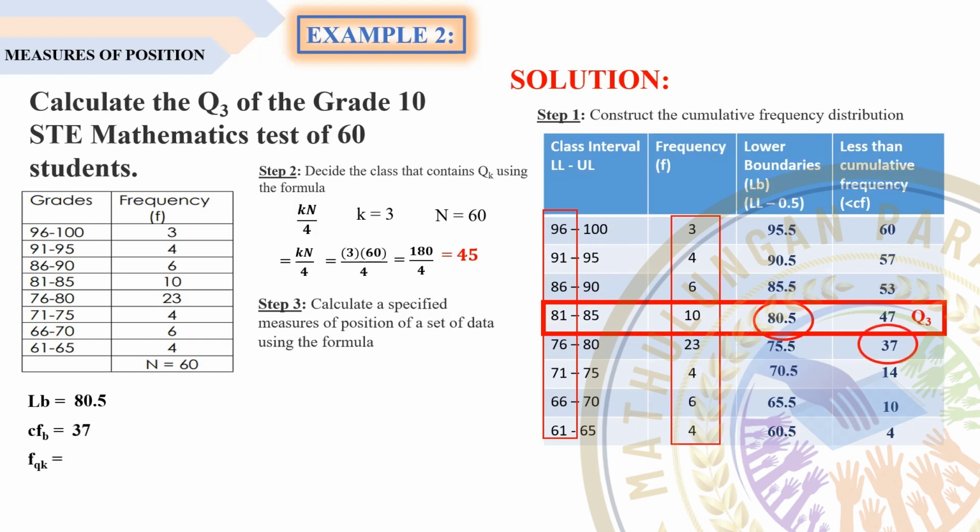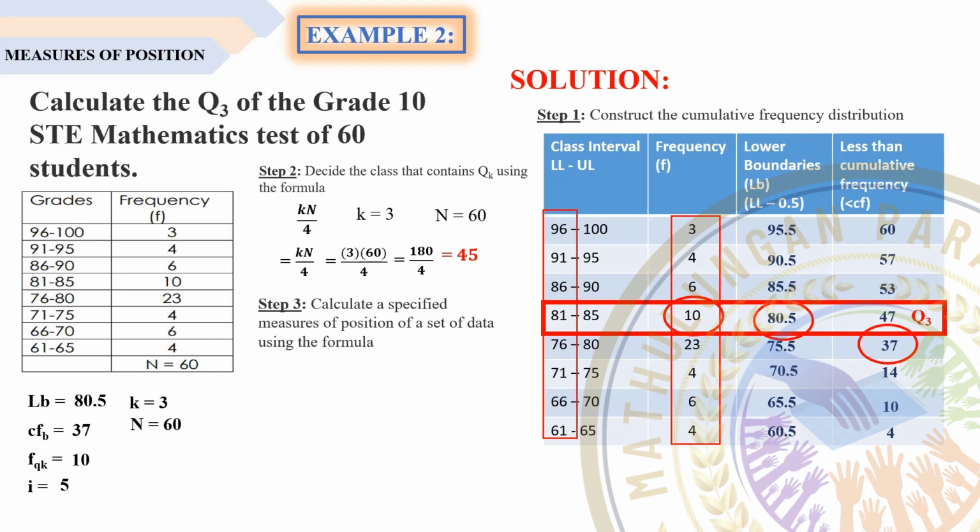And our frequency ng ating class ay 10. So, therefore, 10 ang ating frequency. Ang ating class size, hindi nagbago, 61, 62, 63, 64, 65. So, there are 5. Ang k natin ay nagbago, which is 3 dahil ang hinahanap natin ay quartile 3. Ang n natin ay 60 pa rin based on the total frequency.